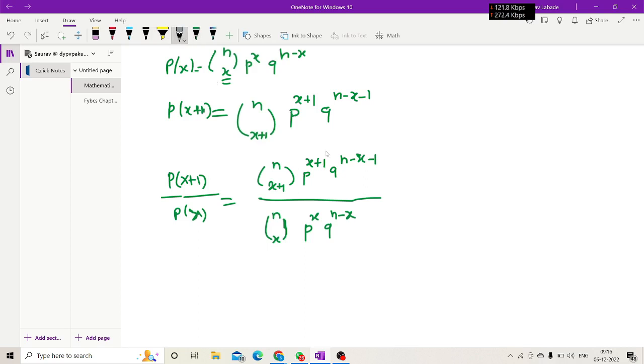Here p raised to x will get cancelled, and q raised to n minus x will get cancelled.